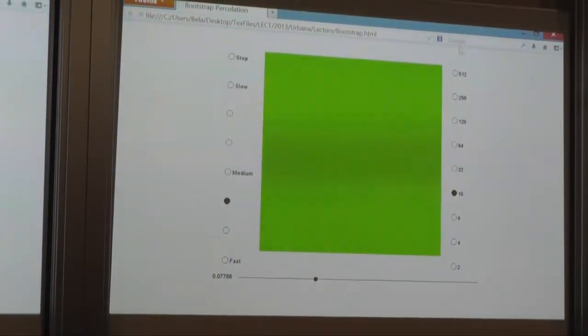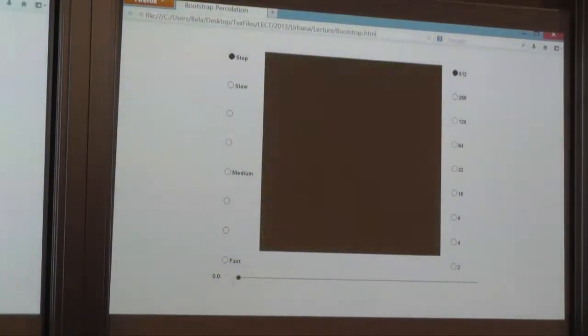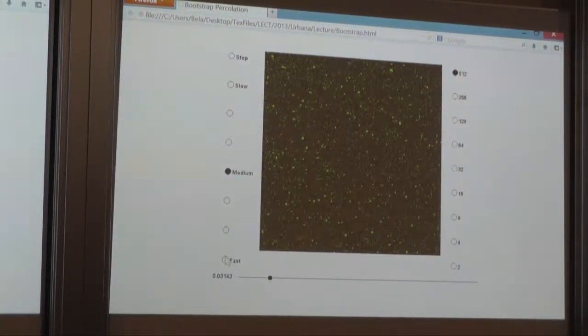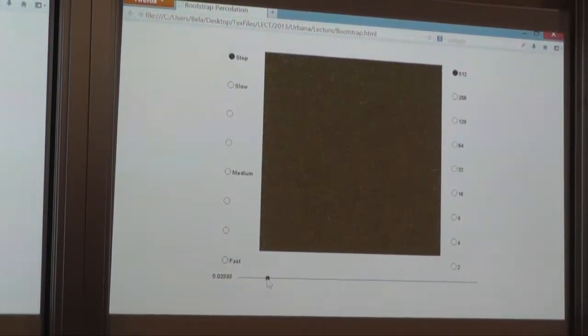Now let's take it on 512 by 512, and these are random sites chosen with probability 0.3143. What happens? Various seeds grow, and then the whole thing dies. Or let's take a slightly bigger probability.